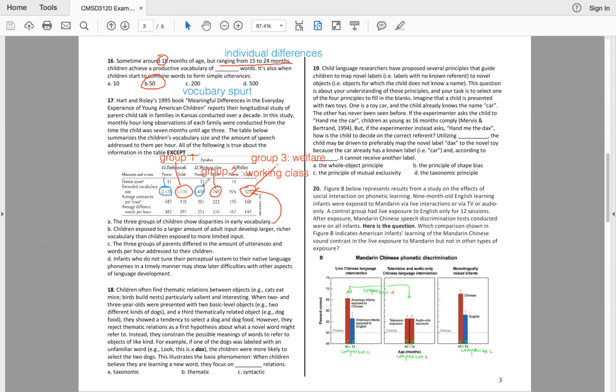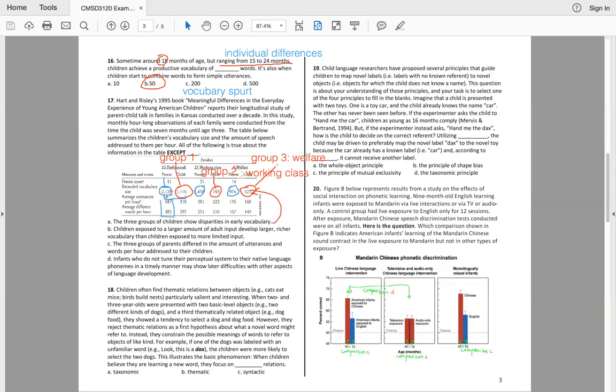If we look at group one, the parents had a larger vocabulary, and the children have larger vocabulary. And then, more importantly, we look at this average utterance per hour. That's the parents. These are the input.